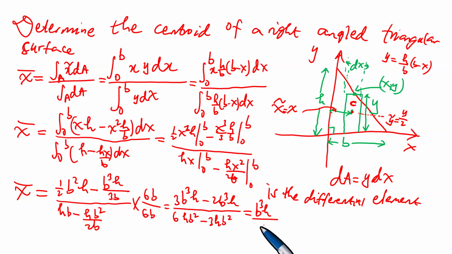From 6, you take 3, it becomes 3hb squared. And therefore, the b squared removes a b here, h cancels, and now you're going to have only b out of 3. This tells us, therefore, that the x component of the centroid becomes b out of 3.